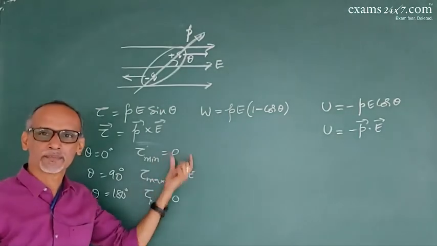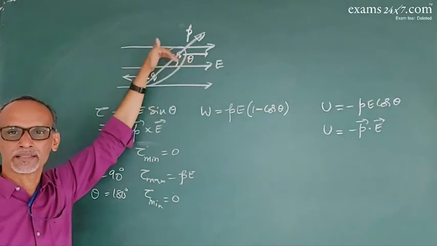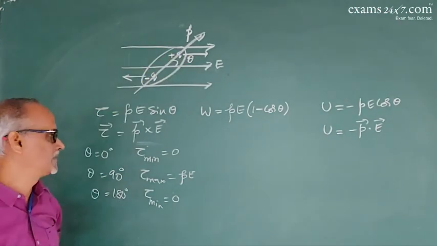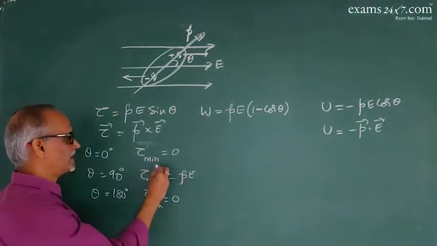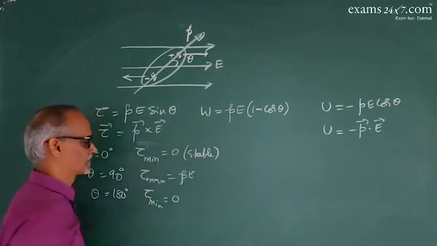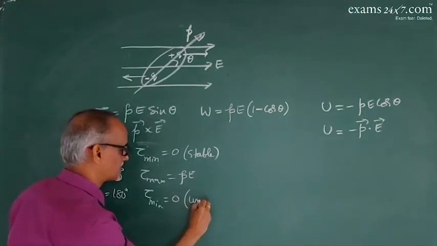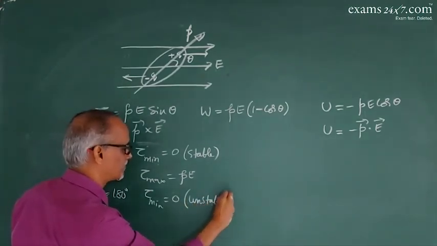So torque is a minimum when the dipole is either parallel or anti-parallel to the direction of the electric field. When θ is 0, it's in the stable equilibrium position, and when θ is 180 degrees, it's in the unstable equilibrium position.